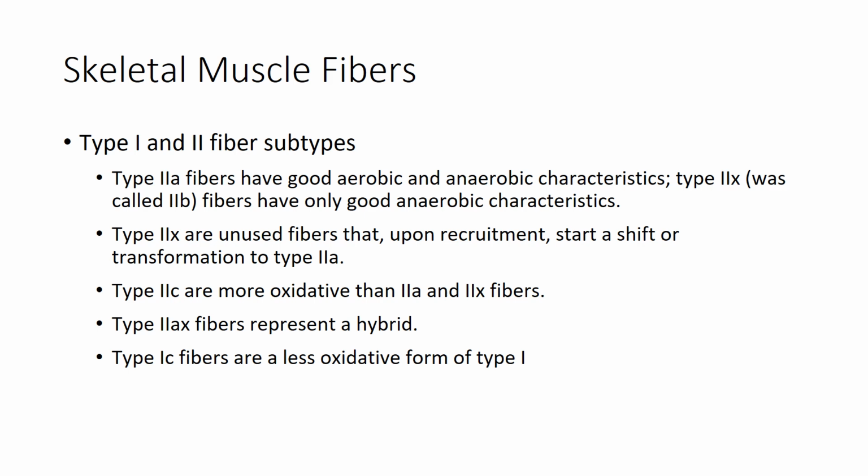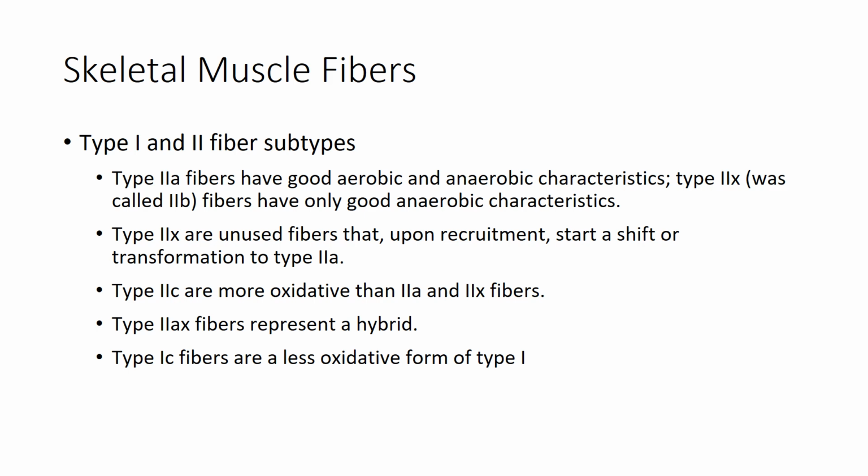So whenever you start resistance training or start training in general, you're going to transition from type 2X muscle fibers to type 2A muscle fibers. Right? And the reason why you see this is just because you are starting to adapt. There's some other subtypes within type 2 muscle fibers, such as type 2C, which are a little bit more oxidative than type 2A and type 2X fibers.